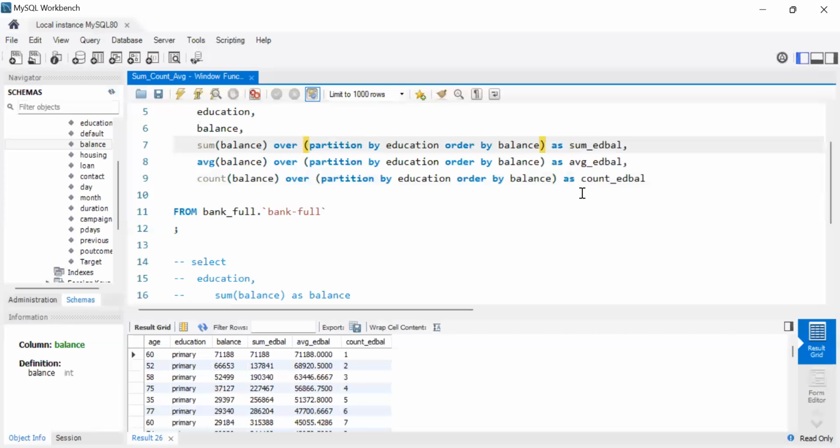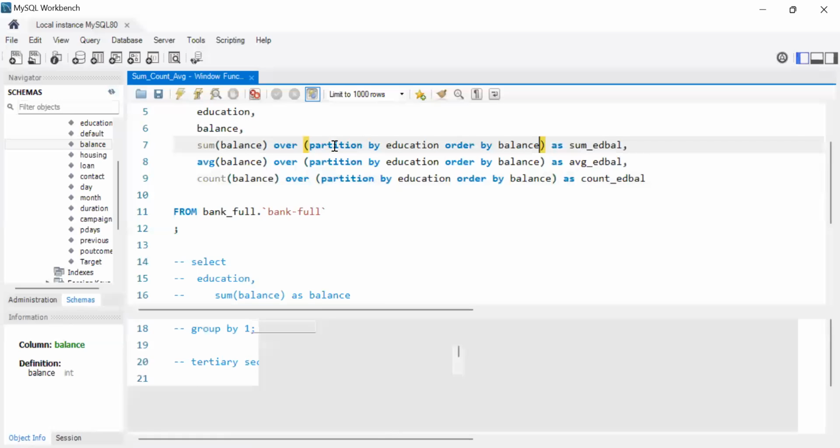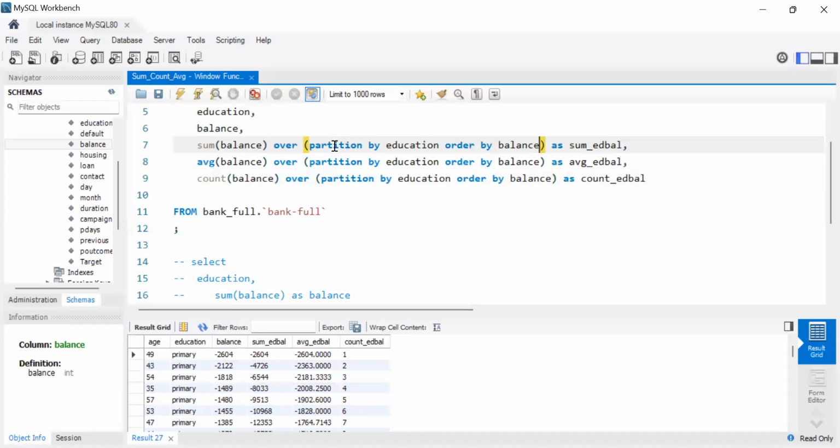As you can see, you'll not always get what you expect. So it's up to you to look at it, analyze and debug. Because you see, now I'm partitioning by education and I'm ordering by balance. But why?